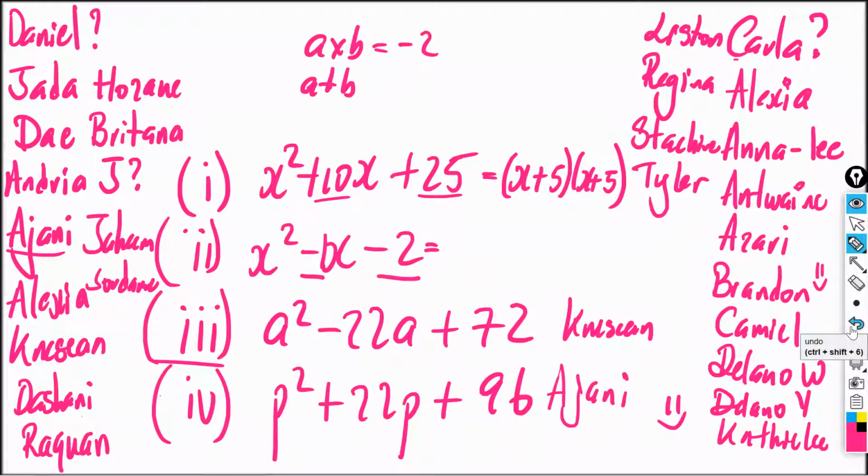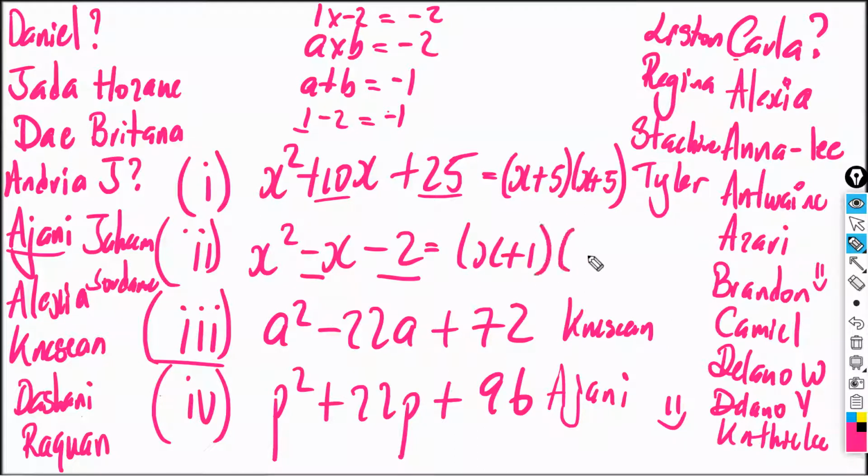If you see minus x, it's minus 1x. If you see plus x, it's plus 1x. All right, guys, it's a 1. So which two numbers? Positive 1 and negative 2. 1 times negative 2 will give me negative 2. And then 1 minus 2 will give me the minus 1. So the answer is x plus 1 times x minus 2. Right? That's the answer.